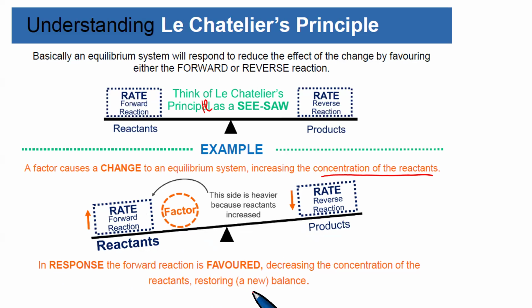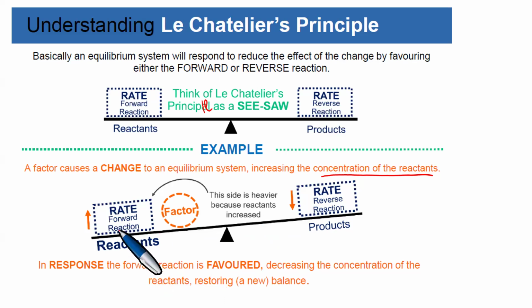Let's look at this carefully. We are looking at what happens if we decide to increase the concentration of the reactants. Surely, if we increase the concentration of the reactants, this seesaw is not balanced, because this side is heavier.